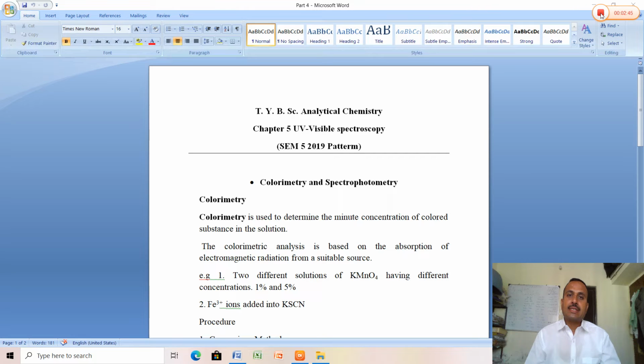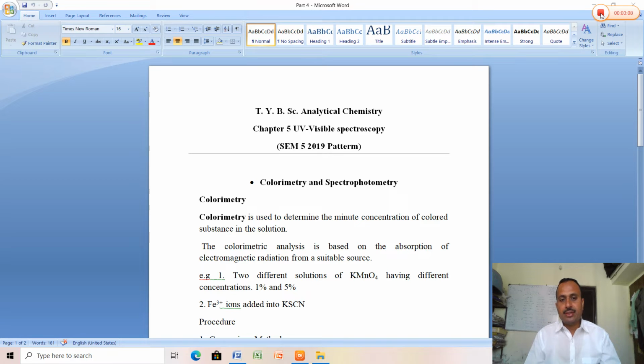Whatever the intensity of incident light on the sample, some gets absorbed by the colored entities or colored moieties, and the radiation in the form of transmitted radiation is captured by the cell. This is the basic principle of colorimetry.